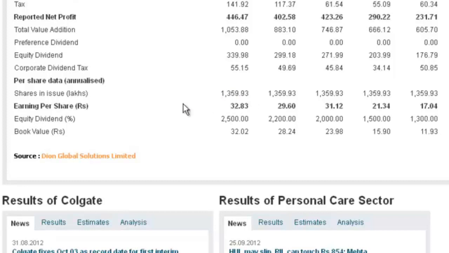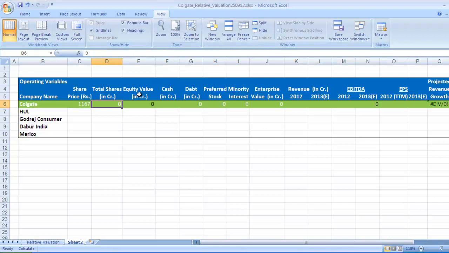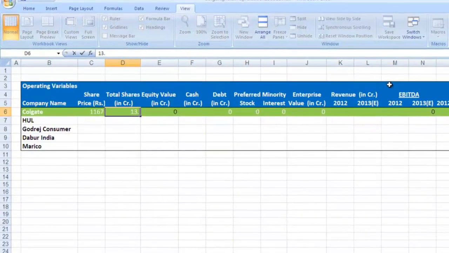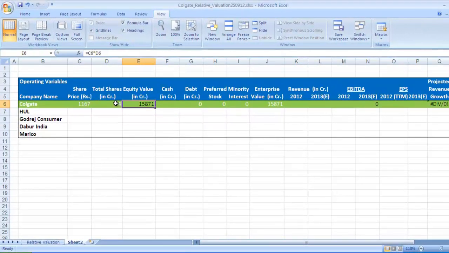Since we need this data in crores, we will take 13.60. Based on this, the total equity value would be share price into total shares, so total equity value would be 15,871 crores. We need this data for valuation purpose, so we'll keep it as it is.